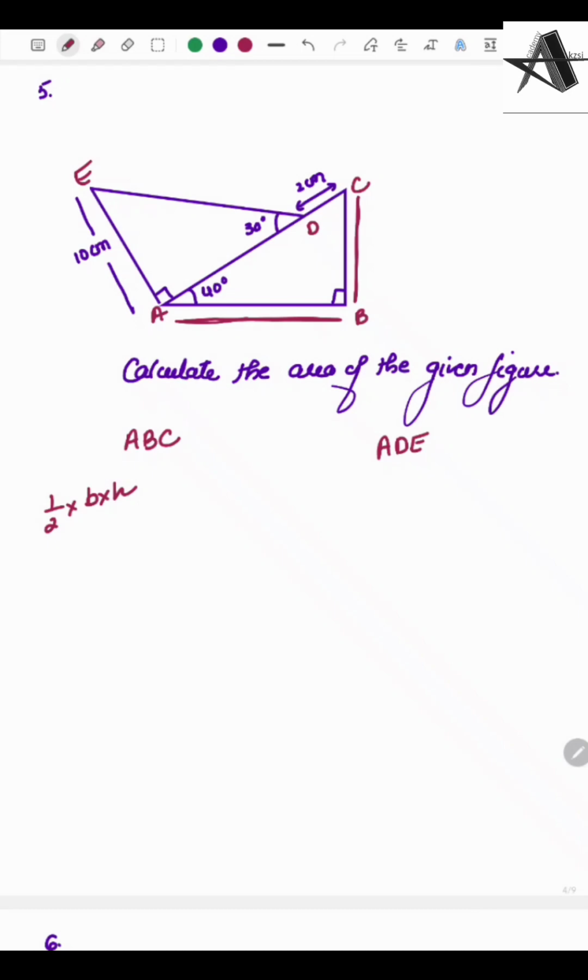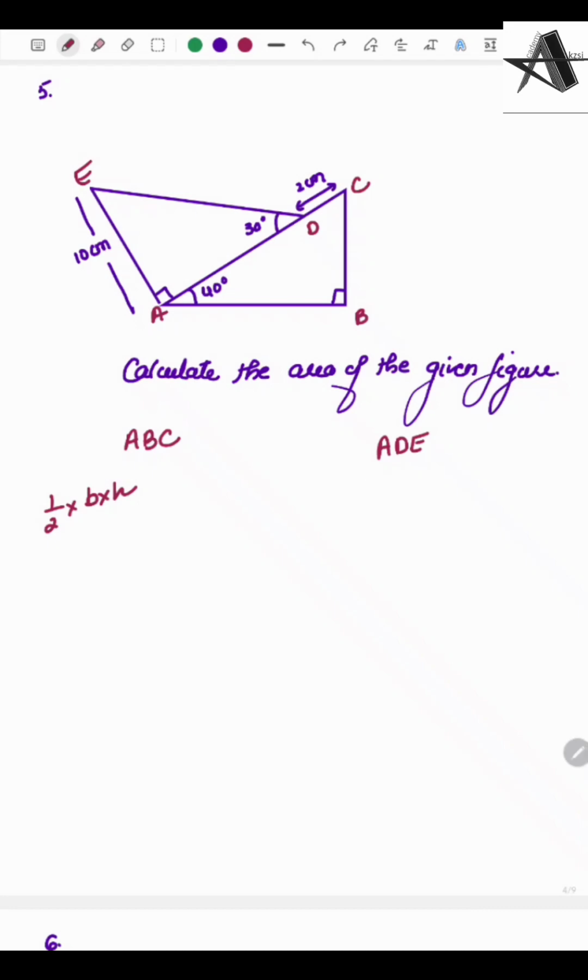But for this triangle, only one thing is known, that is angle. So we can't initiate our process from this triangle. Instead, we have to initiate from triangle EAD. I told you before as well that we always start with that triangle whose maximum parameters are known. Obviously, maximum parameters are known for EAD because we know one angle as well as one side.